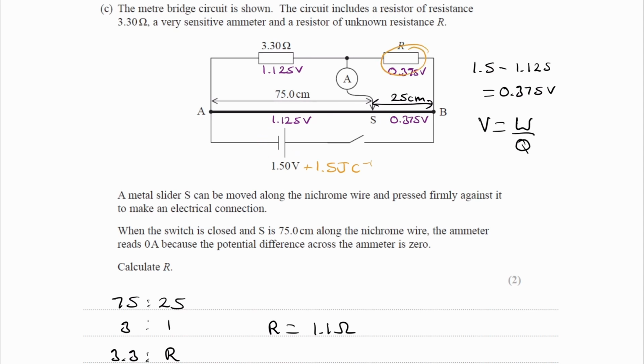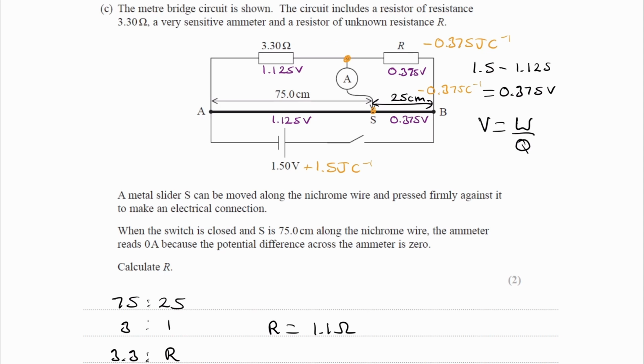And as we move through the resistor and the wire, we're going to lose 0.375 joules for every coulomb of charge that passes through those two components. If we had 1.5 joules per coulomb to start with, and we lose 0.375 joules per coulomb going through here, then at these two points we have 1.125 joules per coulomb left over.